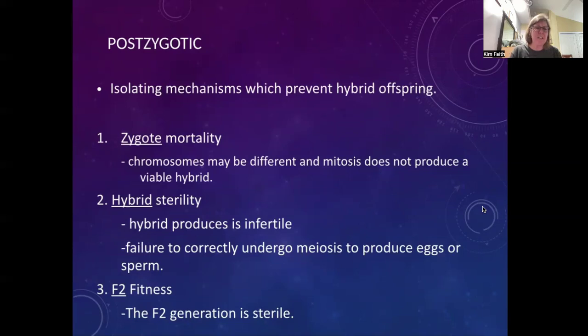F2 fertilization: sometimes the F1 is okay, but the F2 is not. We see that a lot of times in plant populations. Again, if we can't keep the generations going, we can't maintain those changes within the population, and therefore we're not evolving.